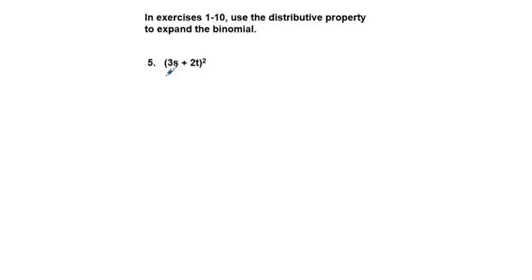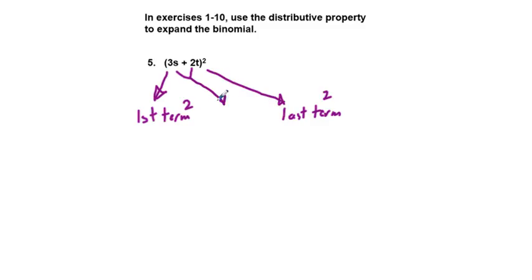This one here, what we do is we take the first term squared, okay, and then we take the last term squared, okay, and then we take first term times last term, or second term, times 2.